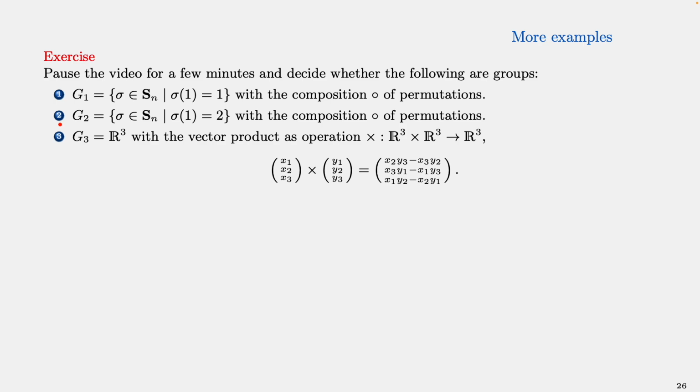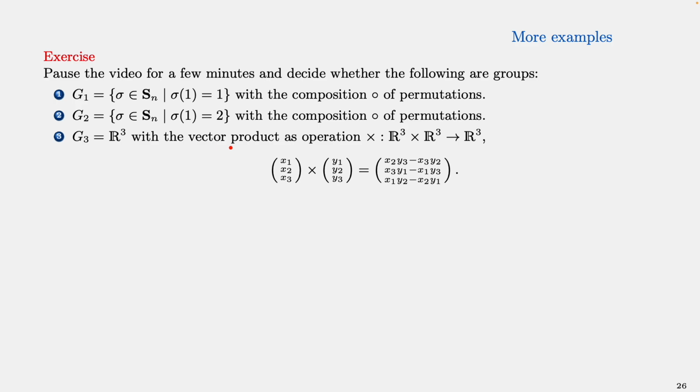Second example is very similar, G2. These are the permutations on numbers 1 to n that move the number 1 to the number 2. And the third example, here we take R^3, so the vector space in 3 dimensions. And here we have a vector cross product.